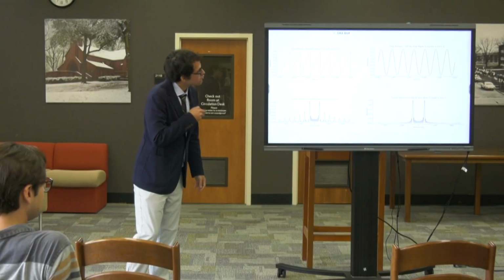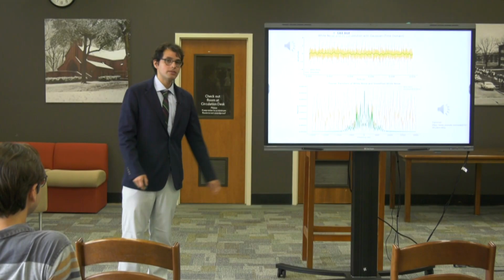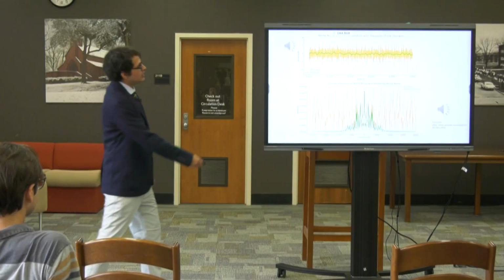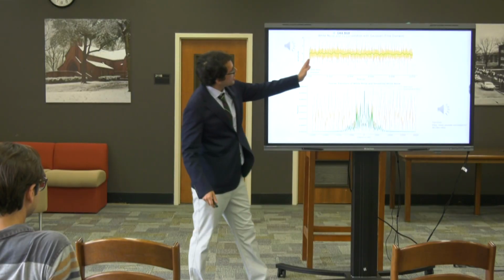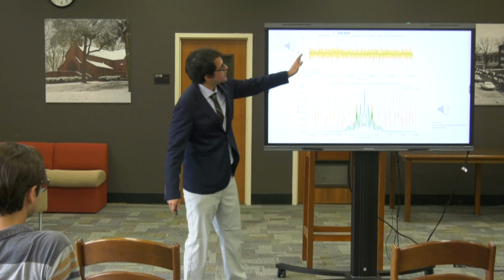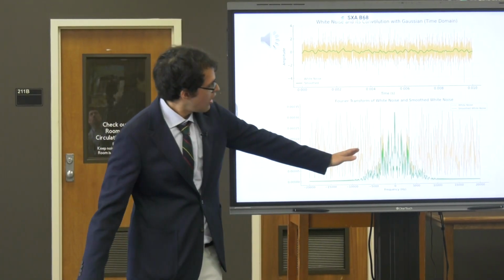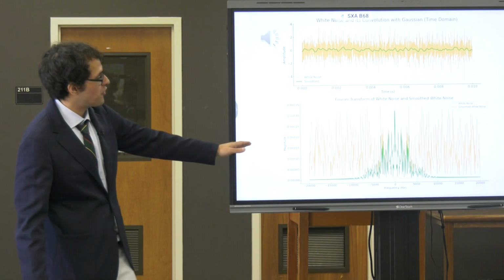Okay, so the last boss of roughness, noise. The yellow one here is actually noise, Gaussian noise. And as you can see in the bottom, this is not decaying at all as we move in frequency.